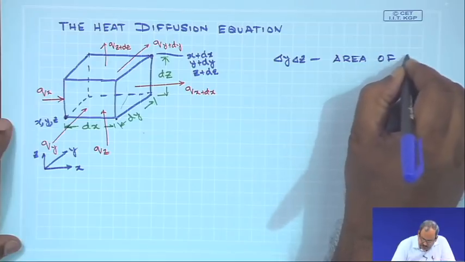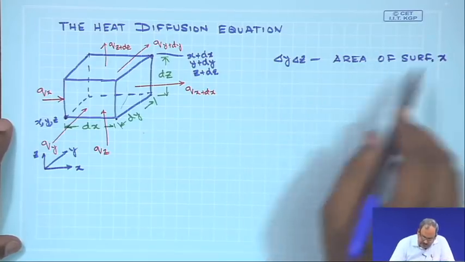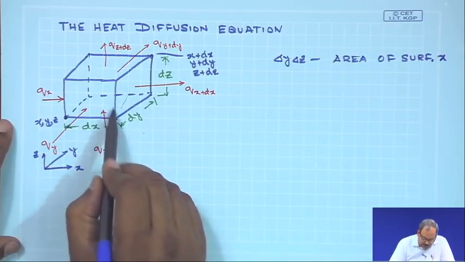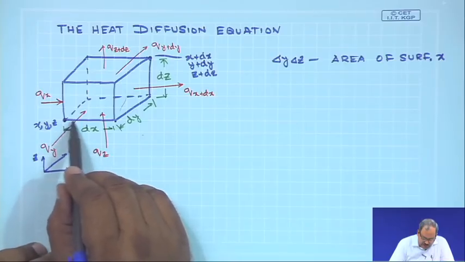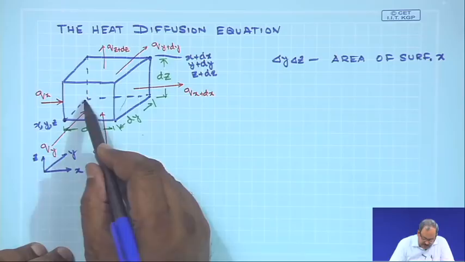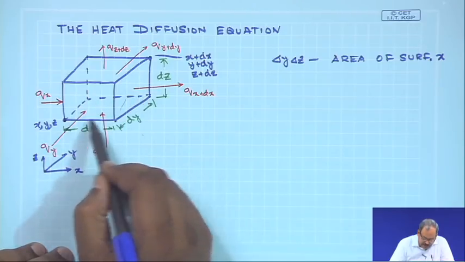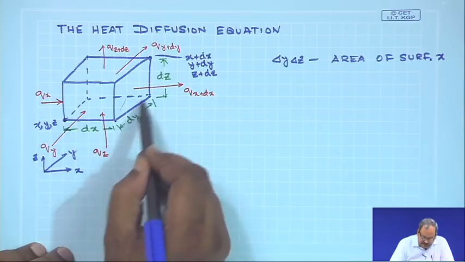Similarly, the y face which is perpendicular to the y direction has an area equal to dx times dz, and the z face, which is the area at the bottom, will have an area of dx and dy.